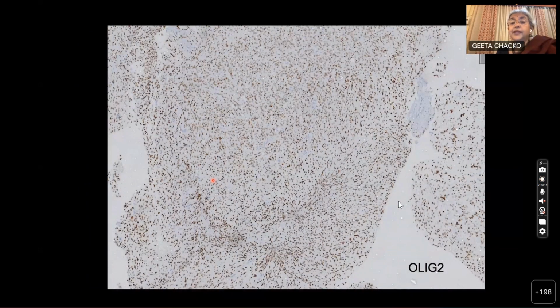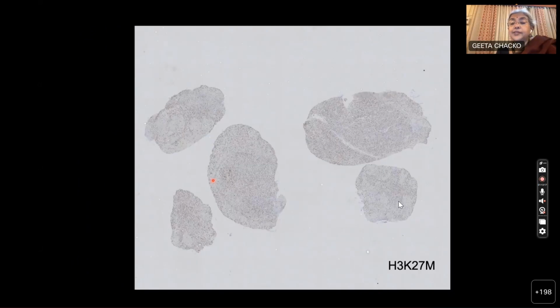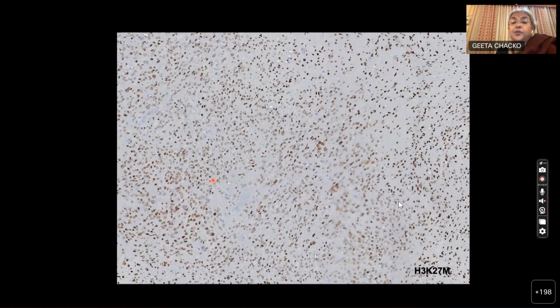All right. And so next you wanted to do an H3K27M. And how do you interpret this? It is positive, showing diffuse positivity in the nuclei for H3K27M. Is there any other marker you can do?